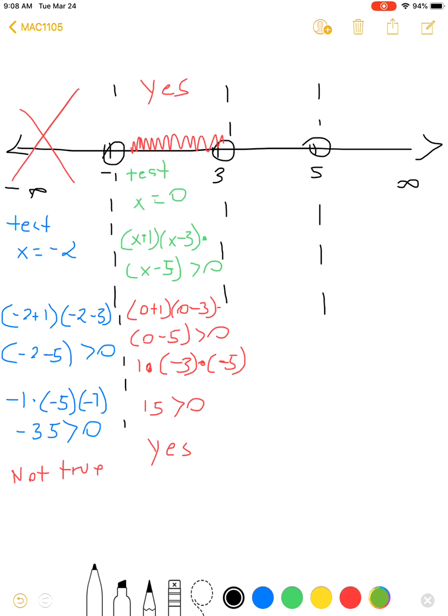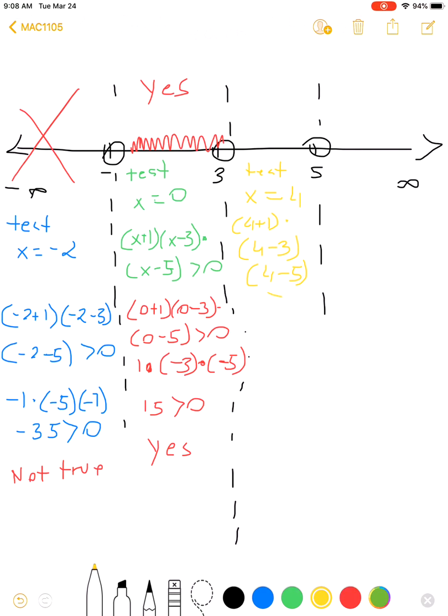And again, let's repeat the same work 2 more times. Next one. Here I'm going to test a number which is between 3 and 5, so test x equal 4. Let's plug it in. So we have 4 plus 1 times 4 minus 3 times 4 minus 5.